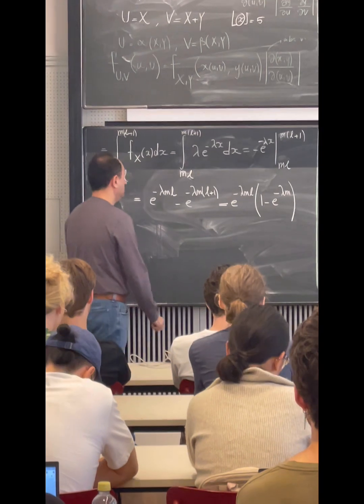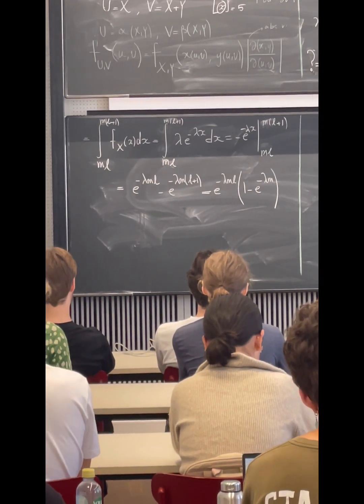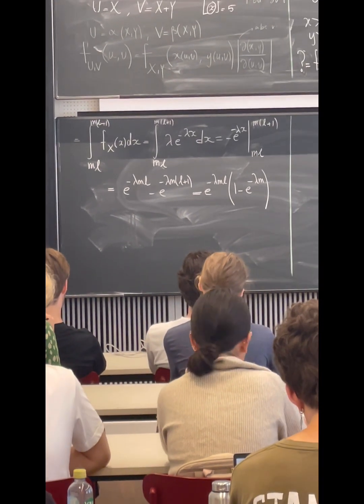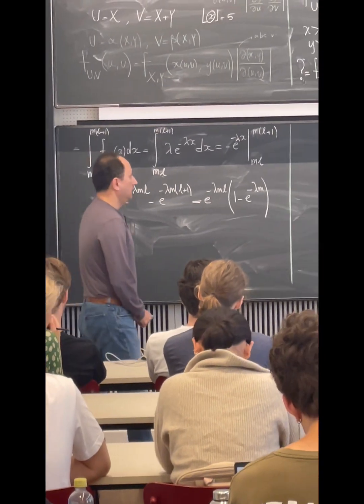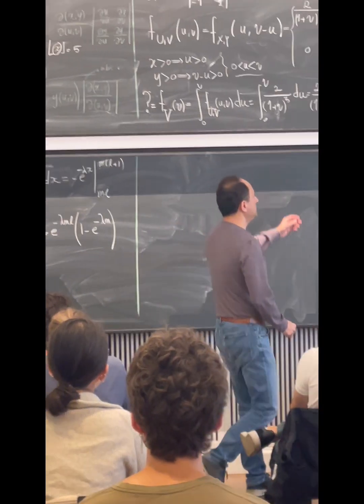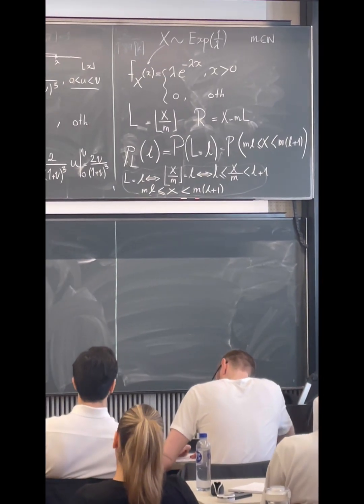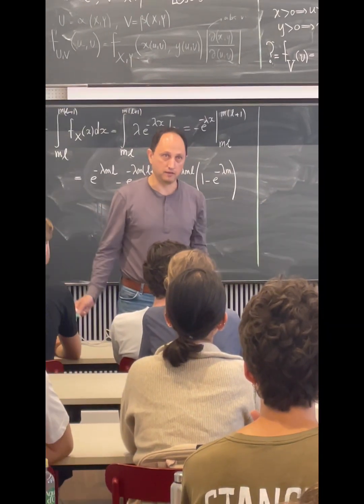Can you confirm what I have done? Seems correct. But you know that the domain, what is the domain of the marginal function? The domain of every marginal function is the set R itself.